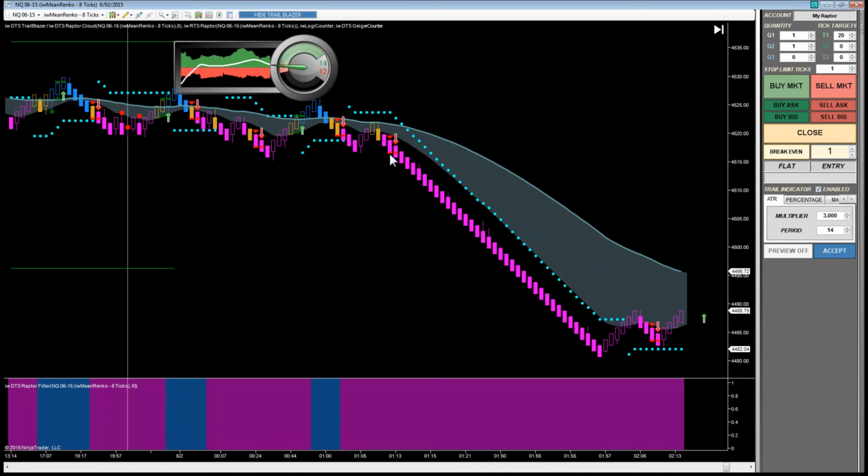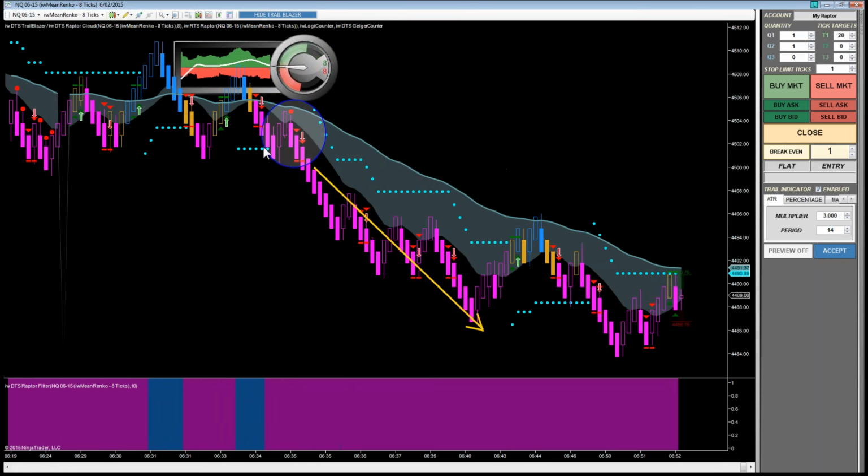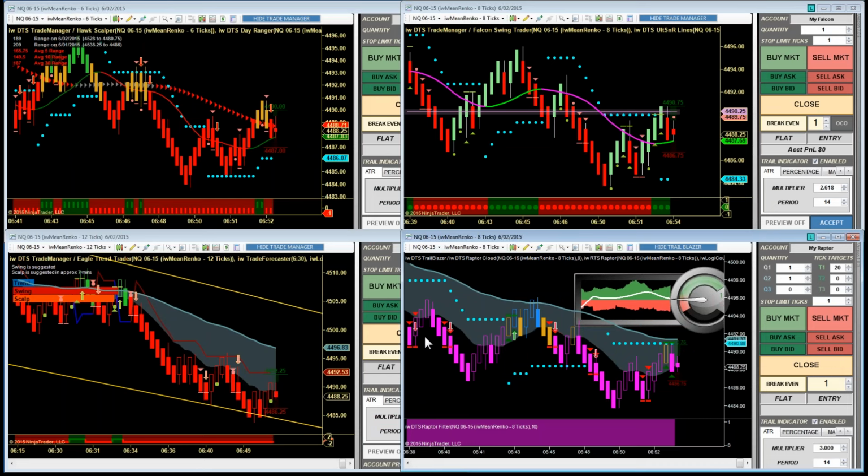Like here's a great signal right here, but if this one had not been in sync across the board, I would have hesitated to take it, and yet look at how that played out. So I'm still experimenting with the settings a little bit, but that's what I've done with mine. I've sped them up just a little. It shouldn't really matter, so don't concern yourself too much if you're going with the default settings. It shouldn't matter that much whether the band and the cloud are just a couple ticks different.